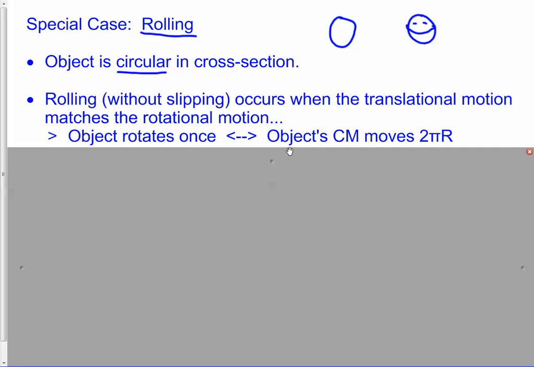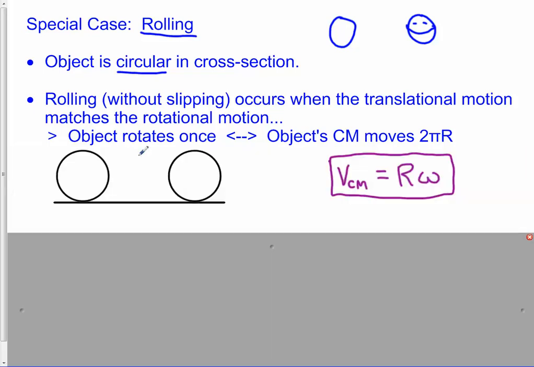So if you think about it, when the object rotates one time, let's take a point on this disc or sphere or whatever, and as this thing rolls from here to here, this point is going to go around the circle. And let's say that that point has gone all the way around once in the time it took for this thing to roll from here to here.